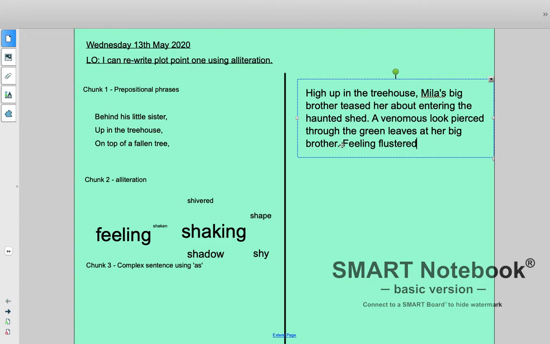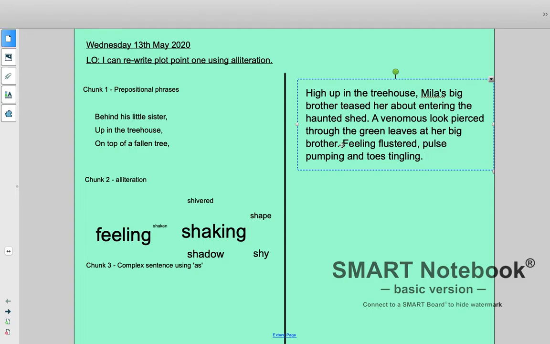Your heart pumps, doesn't it? Okay, can we think of something using alliteration? So pulse, pumping, and what else? Toes tingling. Okay, feeling flustered, pulse pumping, and toes tingling.